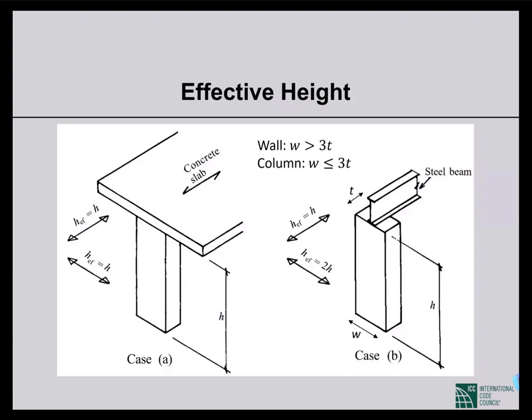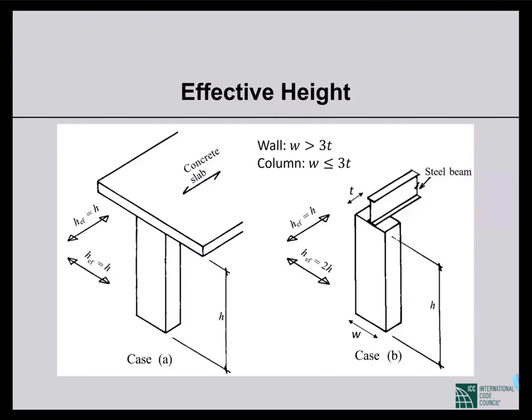Sorry, it is giving support in the outward direction, out of the plane direction, but it is not giving any support in the in plane direction. So in the in plane, along the plane of the wall, the effective height is twice the height of the wall. And in the out of the plane direction, since there is a support, the effective height is equal to the height of the wall.